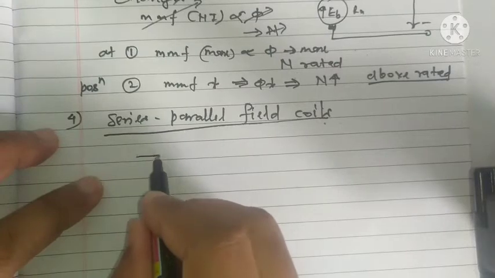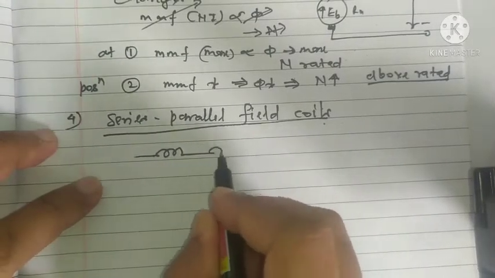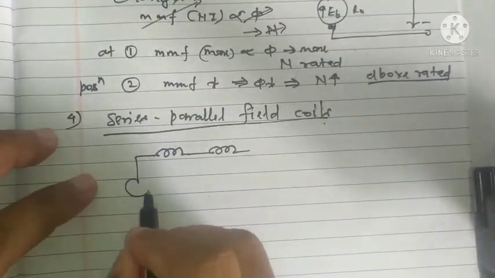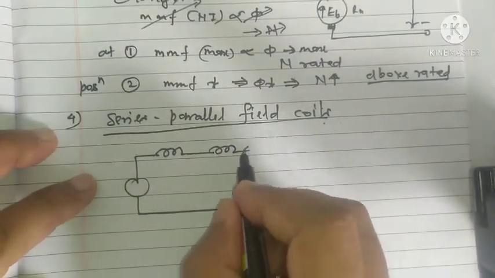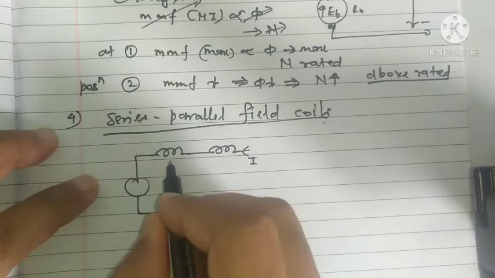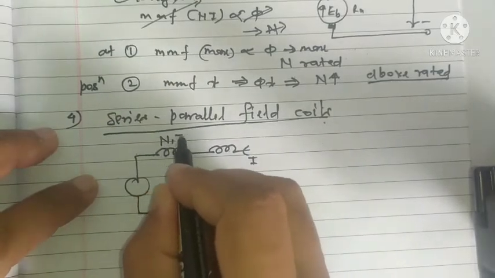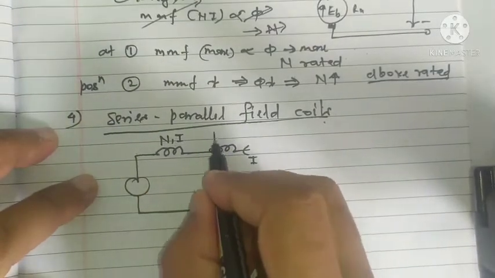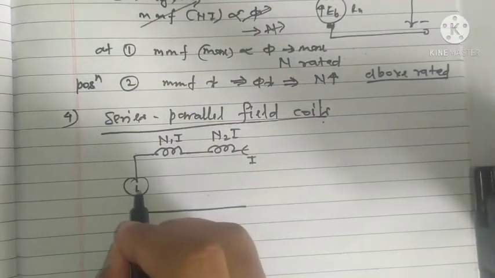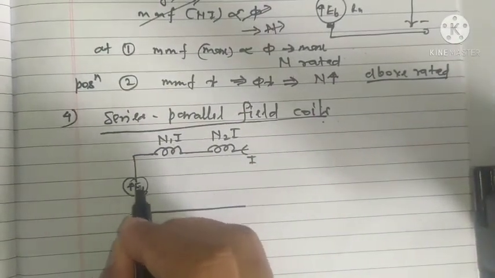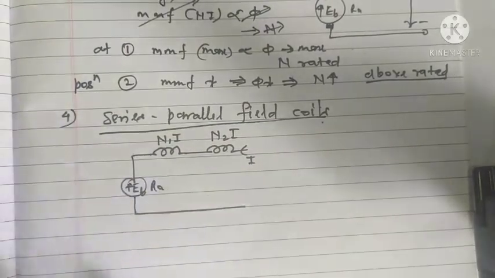Let me show. Say these are the two field coils and they are connected in series. Current here is I, number of turns here is say N1, so N1 I will be the MMF, and here it will be N2 I MMF. And this is my armature resistance RA.